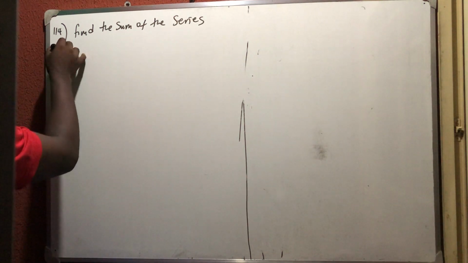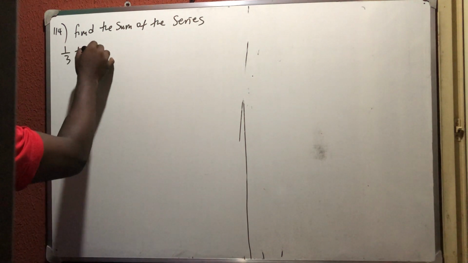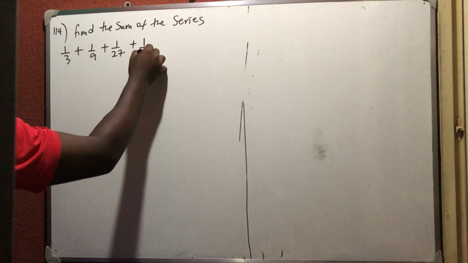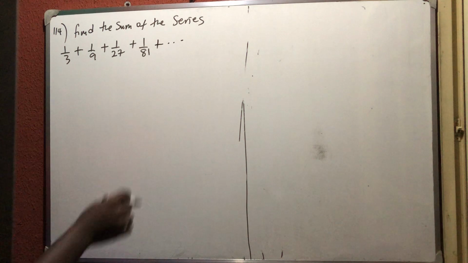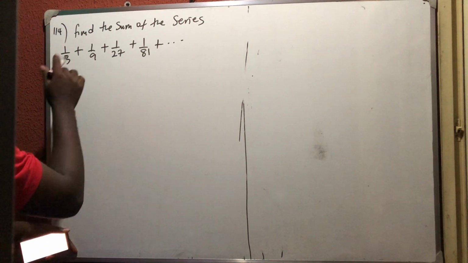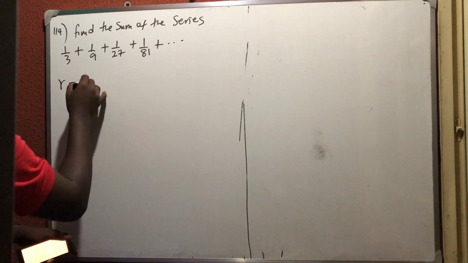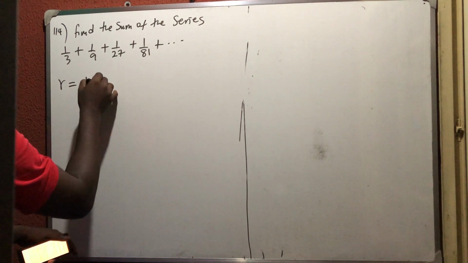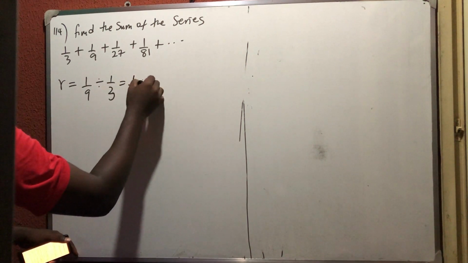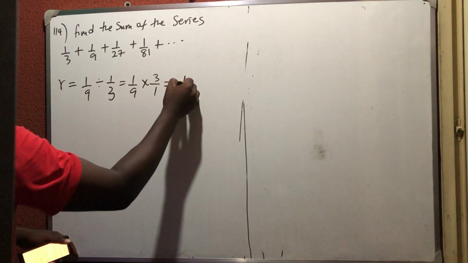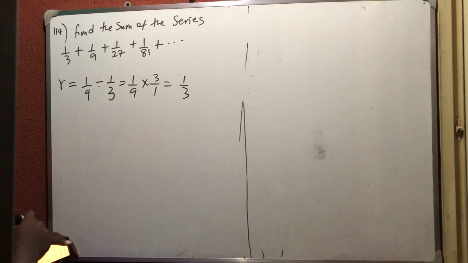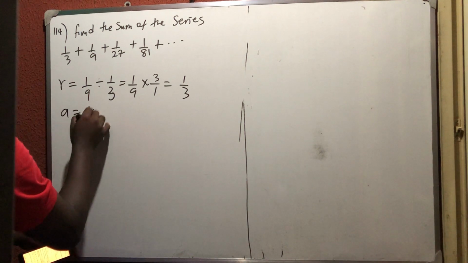Find the sum of the series 1/3 plus 1/9 plus 1/27 plus 1/81 plus ... Okay, now if you look at this, it is a geometric sequence, because the common ratio of a geometric sequence is the second term divided by the first term, which is 1/9 times 3/1, which is 1/3. Or you say that this divided by this, you will still get 1/3. And the first term here is 1/3.